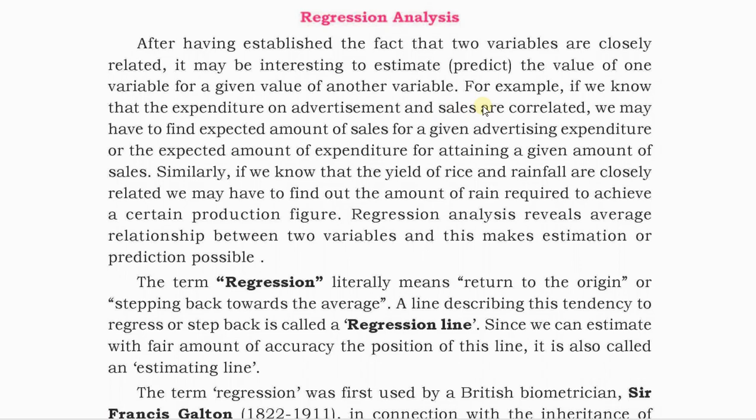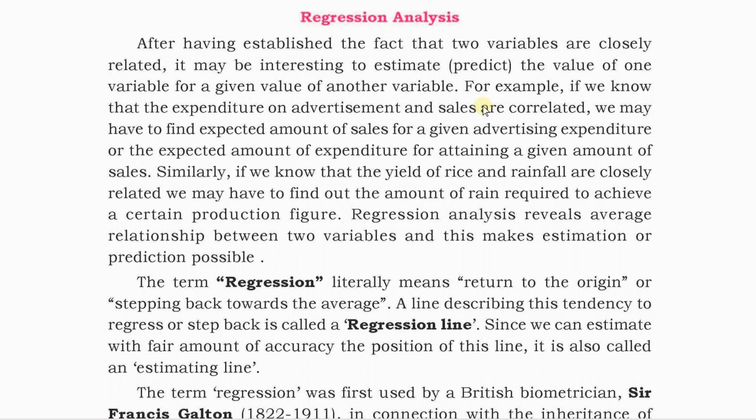Suppose you have data regarding advertisement and sales, and you try to establish the correlation there, and you will get the correlation as 0.9. Yes, that's good. It shows that 90% correlation is there between sales and advertisements. So greater the advertisements, greater the sales. That's true. But if I want to predict something, suppose a company owner may not have an unlimited budget, but he wants to increase his sales.